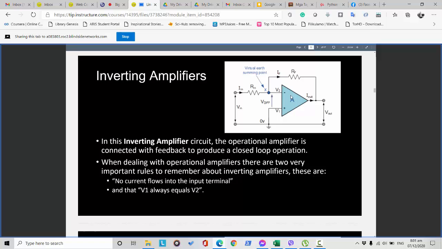So definitely that definition will mean that if the input pulse is positive, for example, then the output pulse will be negative. But if the input pulse is negative, the output pulse will be positive.